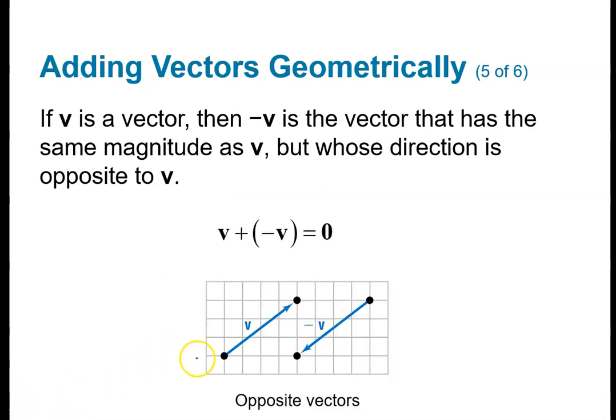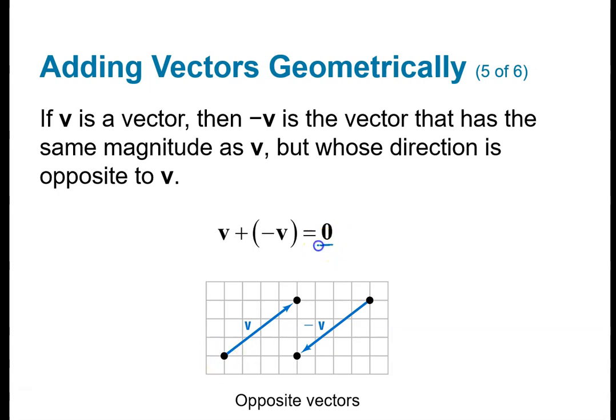And then there is the idea in math that if you add opposites, 3 plus -3 gives you 0. A vector plus its opposite would give you the 0 vector, meaning if I went in the direction that this told me, 3 up and 4 to the right, and then went in the opposite direction, which would mean go 3 down and 4 to the left, I would get back to where I started.